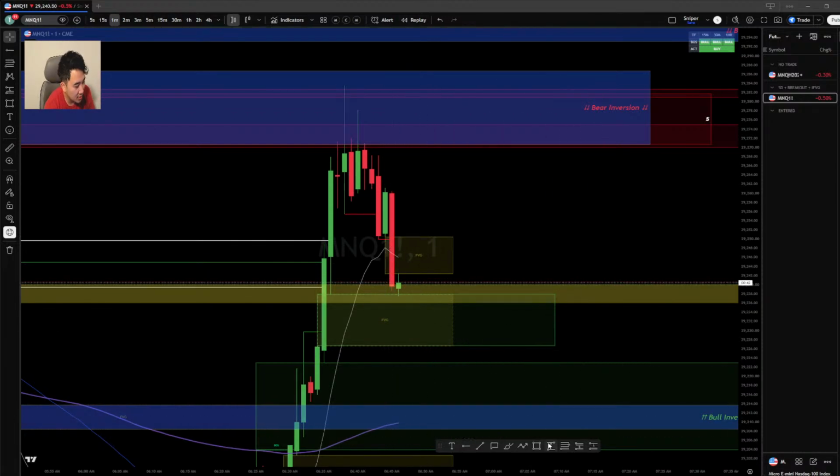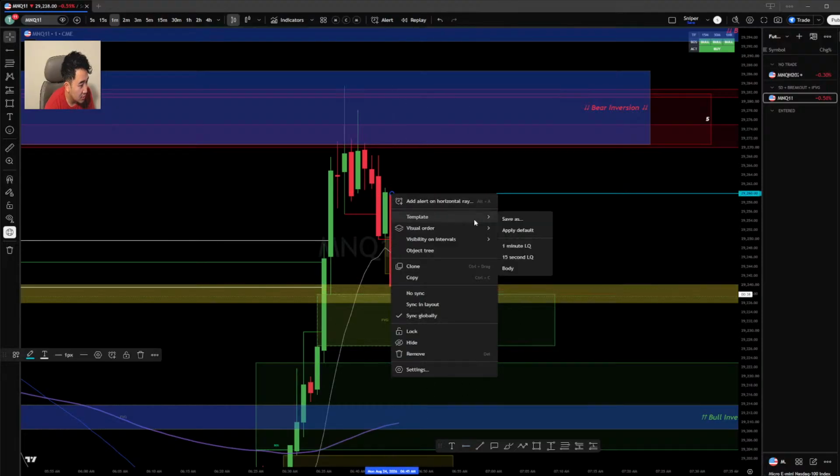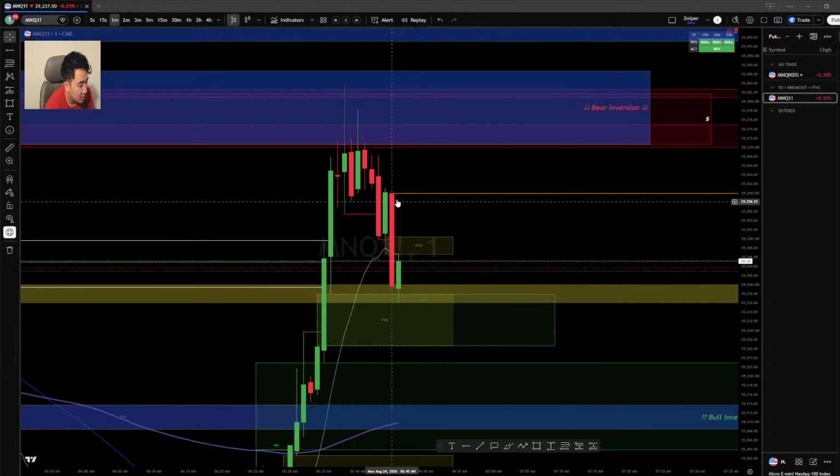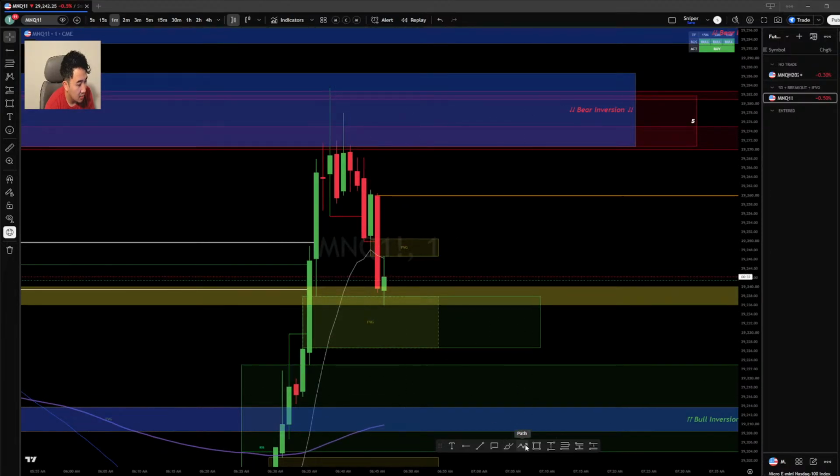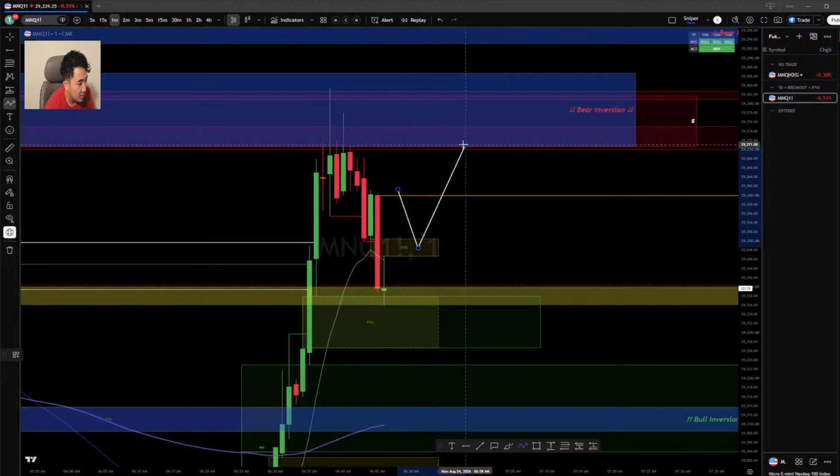The only thing is this is a big red candle right here, so price would have to close above this candle body as well. Close above here, come back down, and then look for a long position.